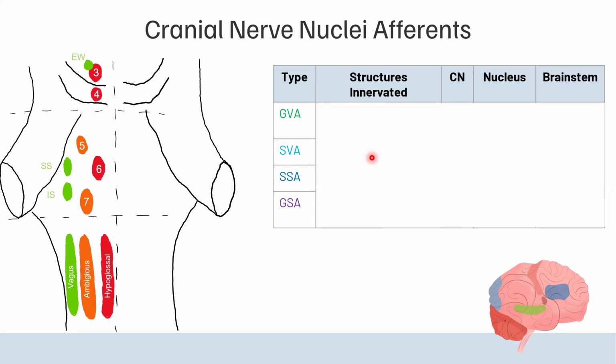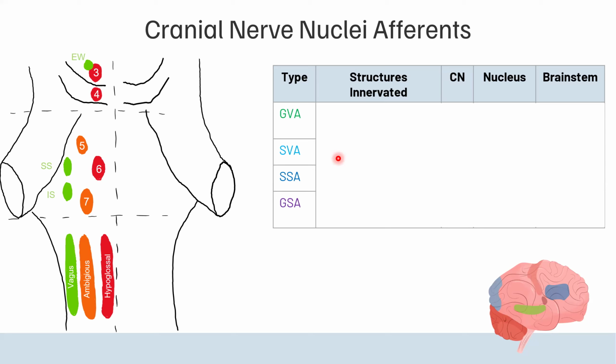Okay? Which nerve would be responsible for getting this general visceral afferent from the GIT, CVS, respiration, etc.? 10th, exactly. And for taste, what did we say it was? Trigeminal for anterior two-thirds. Trigeminal is for anterior two-thirds, that is correct, but it wasn't for taste of the anterior two-thirds. It was just for sensation.